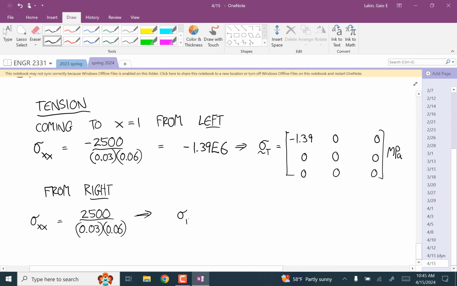And so you have a stress tensor of positive 1.39 megapascals and zeros.